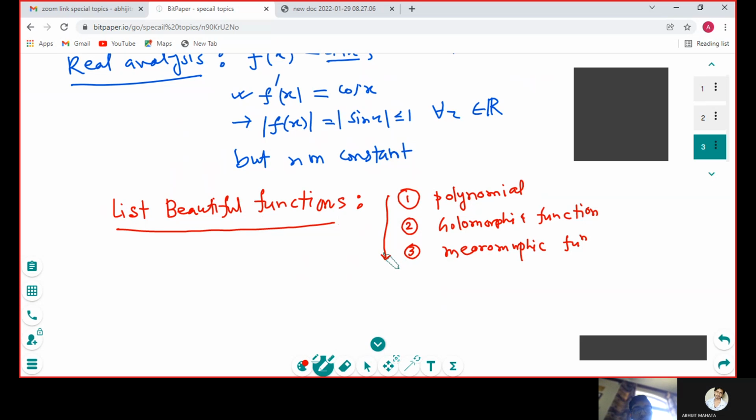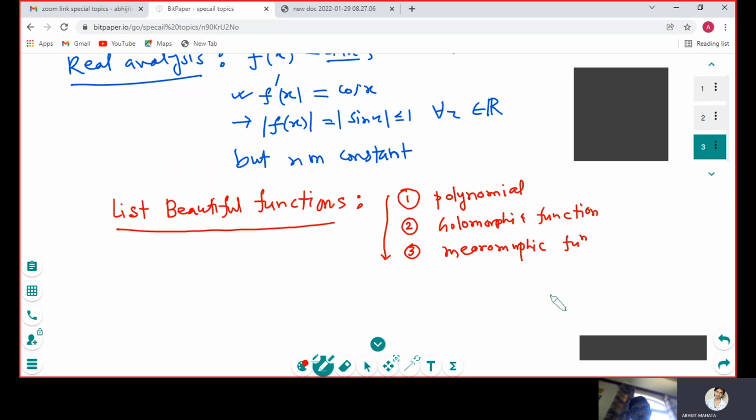Polynomials are very nice functions. You can take the derivative. You can easily calculate a polynomial function at a particular complex number, because it involves multiplication and addition. You can take the derivative, all the nice properties. But for a holomorphic function, it's a little bit difficult to calculate the functional value at a given point.